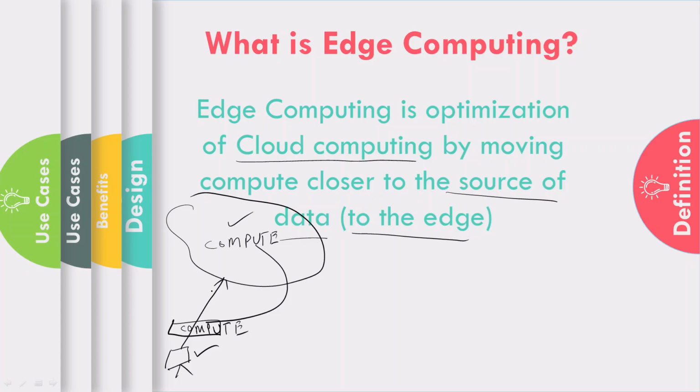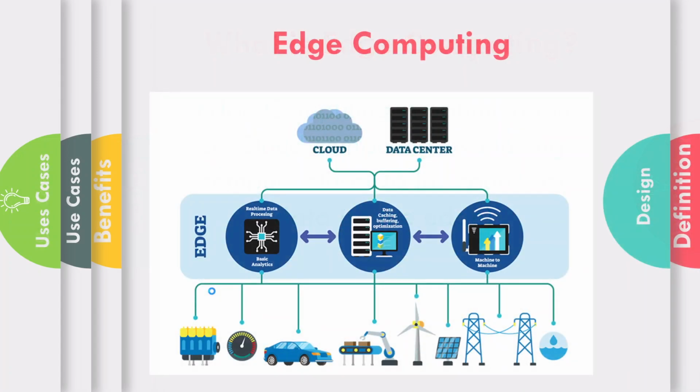We will discuss these benefits in the coming slides. So this is a diagram of edge computing. We also discussed this diagram in our initial video about the evolution of edge computing. In the cloud computing model, this edge is not present.